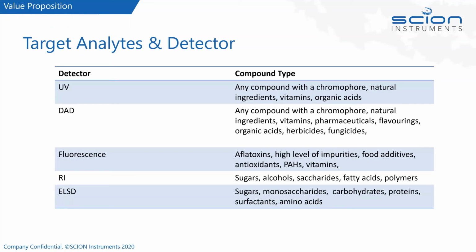RI is predominantly carbohydrates, sugars and alcohols. As you can see, I've added ELSD onto this as well, and that is because in a couple of weeks we will be introducing an ELSD detector into our portfolio, but we can set up an additional meeting to go through that and applications at another date.